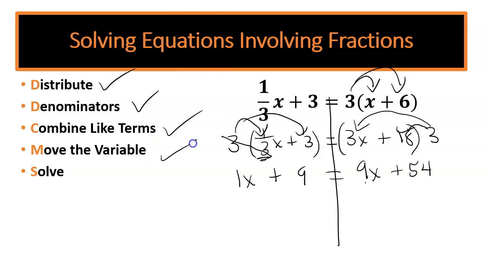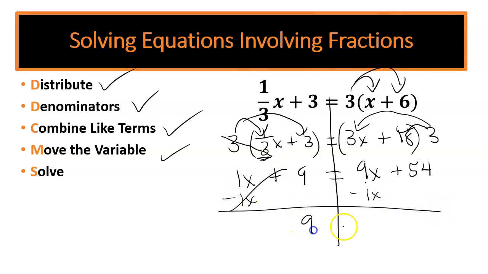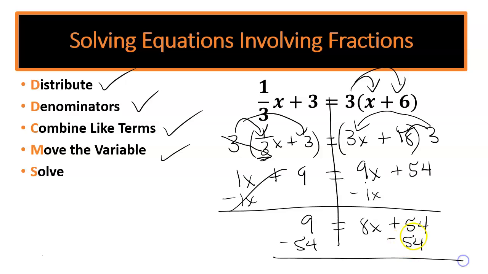No like terms to combine, so I'm going to move the variable. So this is smaller, so I'm going to subtract 1x on both sides. And I get 9 equals, 9x minus 1x is 8x plus 54. Still need to get my x by itself. So I'm going to subtract 54 on both sides.